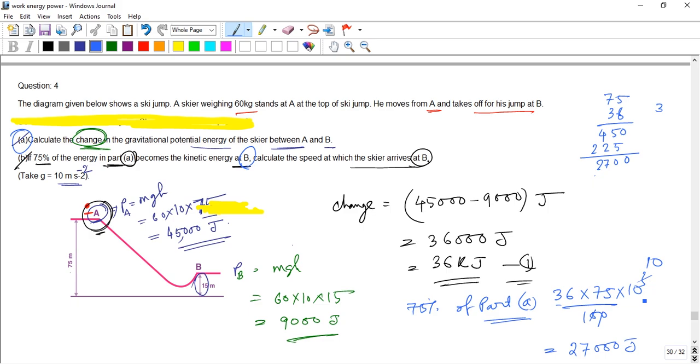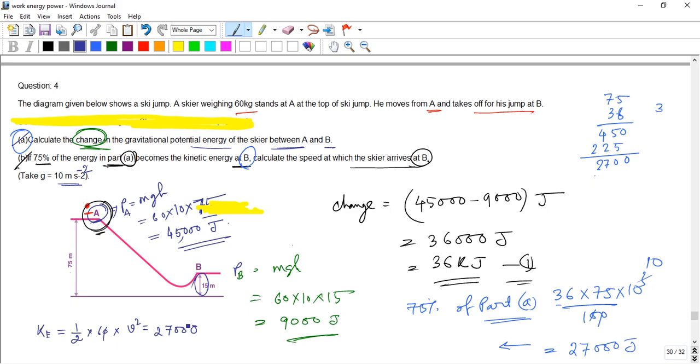Okay, that part of energy is converted into kinetic energy. So the kinetic energy formula is equal to half m v squared. We know the mass is 60 kg, v squared we don't know, that is equal to 27,000.